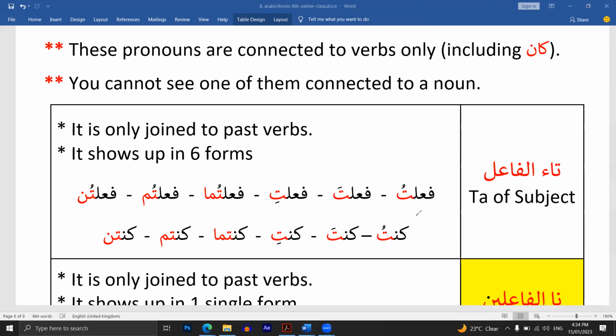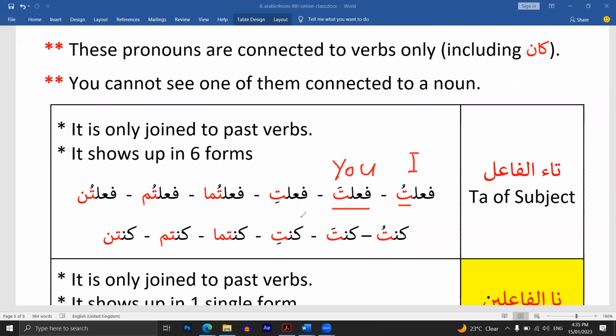So I choose the verb فعل. This is a past verb, meaning did. فعلت with ضمة, this is if I'm talking about myself, first person. Here it replaces I. فعلت, second person, singular, masculine, you.